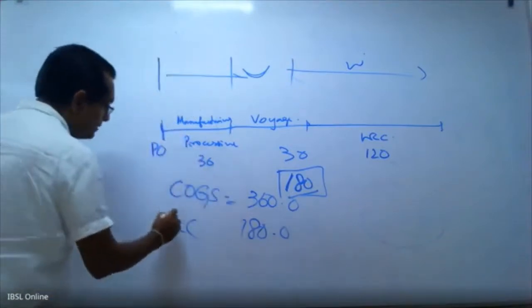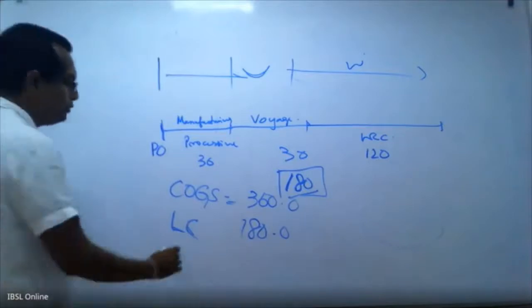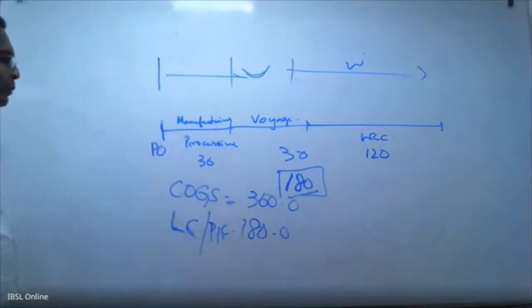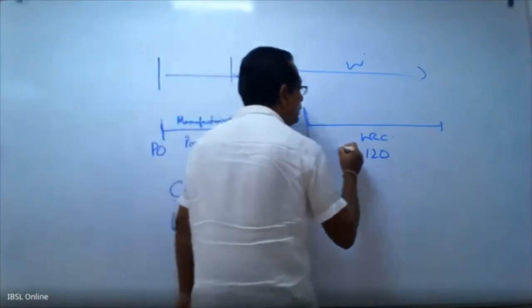This is the LC line, not the PIF, the post-import line. Post-import is required only from here to here.